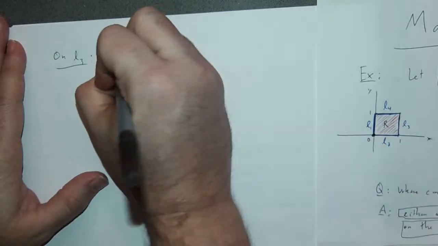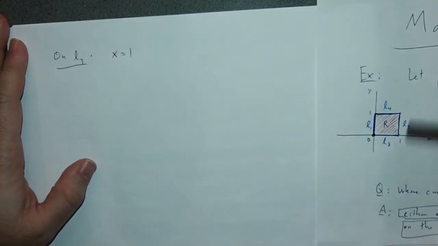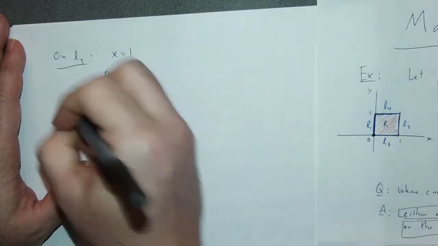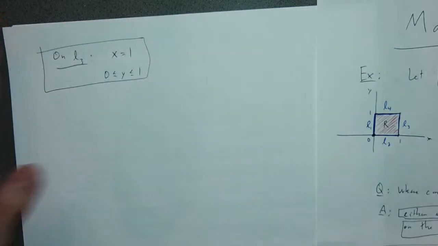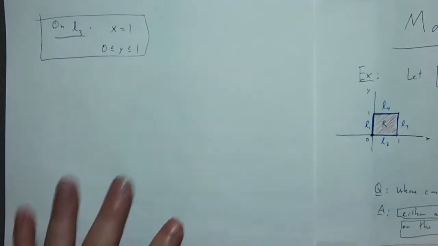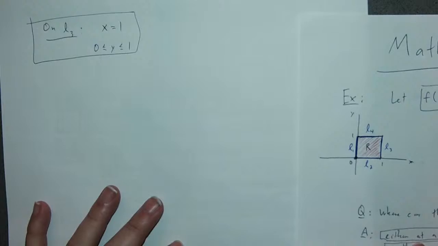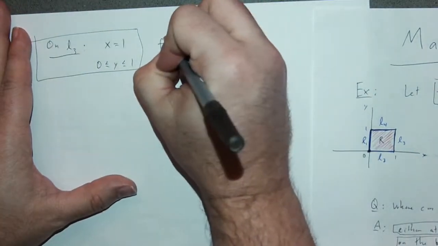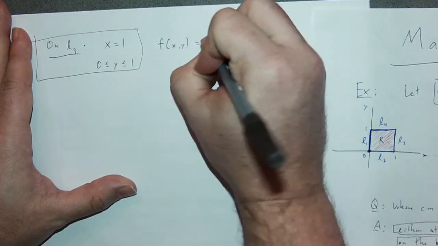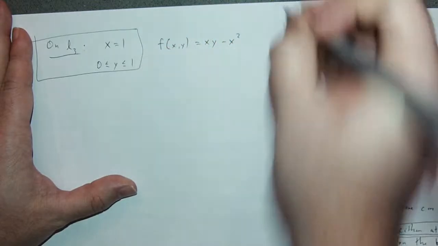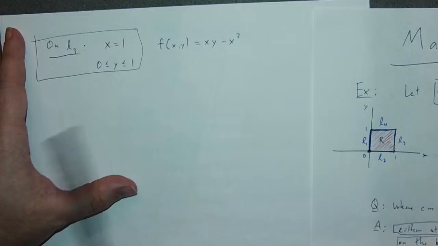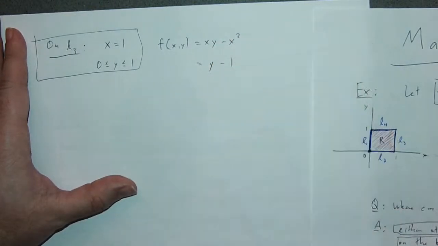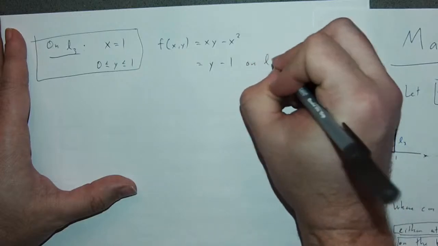It's actually 1, and y goes between 0 and 1. So f of xy is xy minus x squared. Since x is 1, I'm going to replace both of those with 1. Y is just varying between 0 and 1 here, so this is y minus 1 on L3.